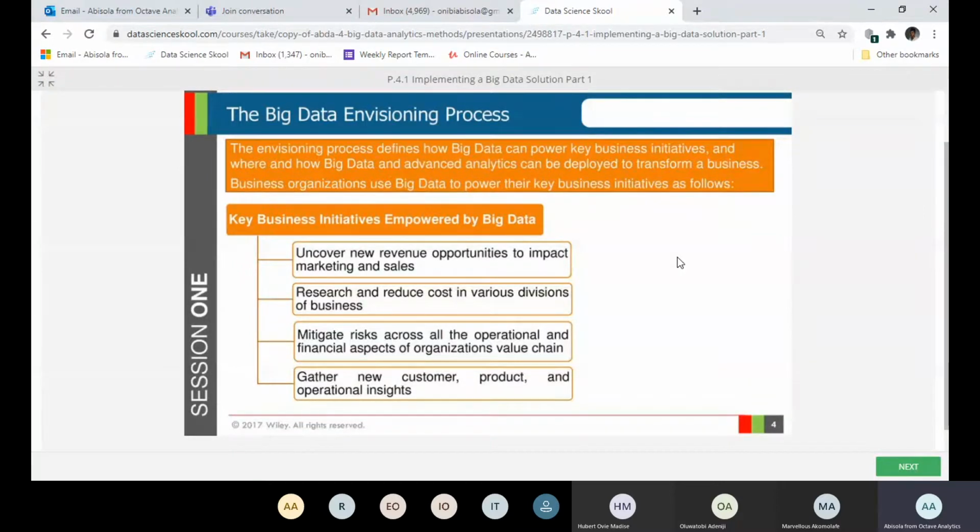That is one. Then, to research and reduce costs in various divisions of the business. So you want to see a way you can minimize costs.